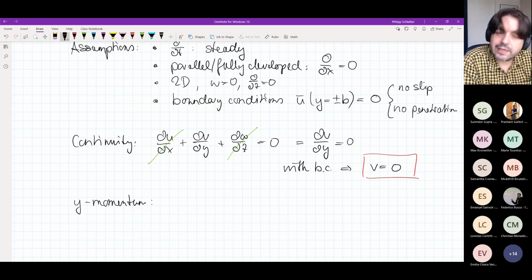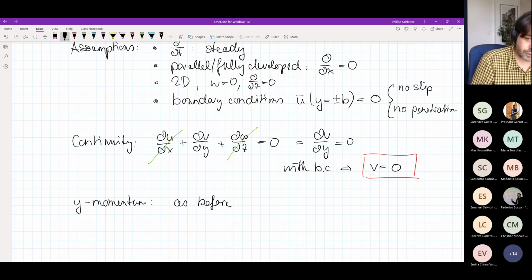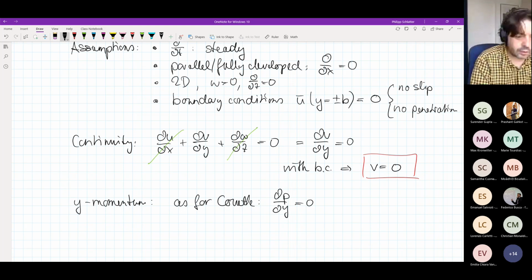It will look exactly the same as for Couette, meaning that the result will be as before. As for Couette, we get as a result dp/dy is 0, which means that p is a function of x only.